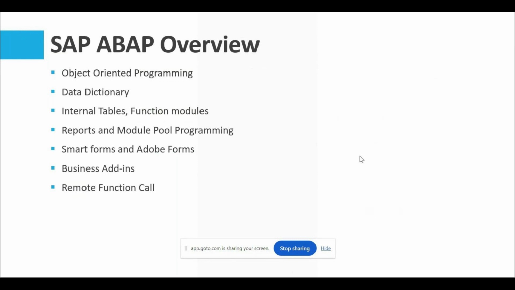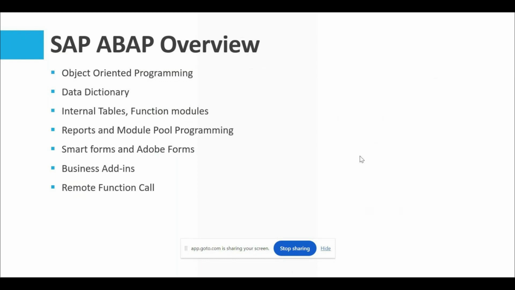The fourth thing is reports and module pool programming. Reports will be used very minimally in SAP EWM, purely on business requirement. But module pool programming is required in EWM because we were talking about RF programming.